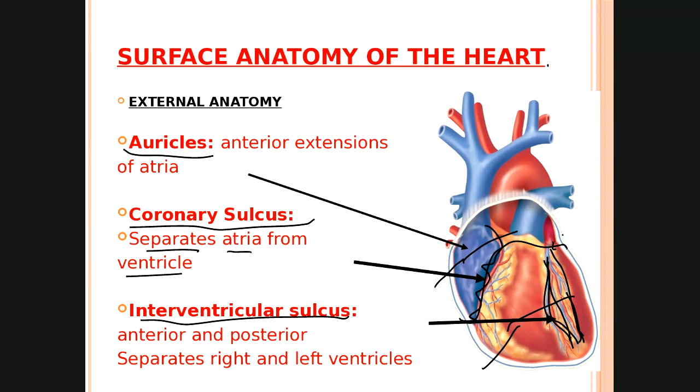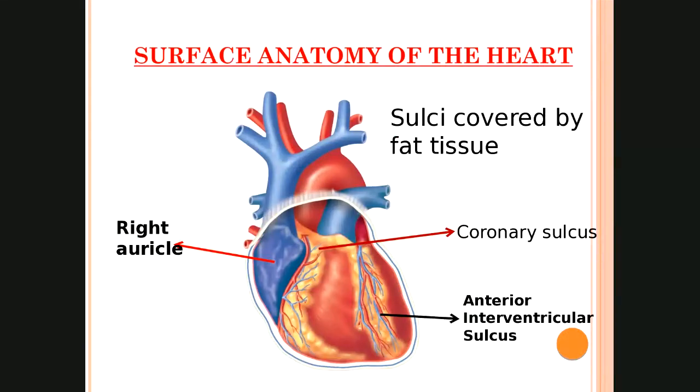Again, this is a wall that represents the outside part of a wall that separates both ventricles. Notice that these sulci, which is the plural for sulcus, are covered by fat tissue and blood vessels. So you can see blood vessels and fat tissue in these areas.